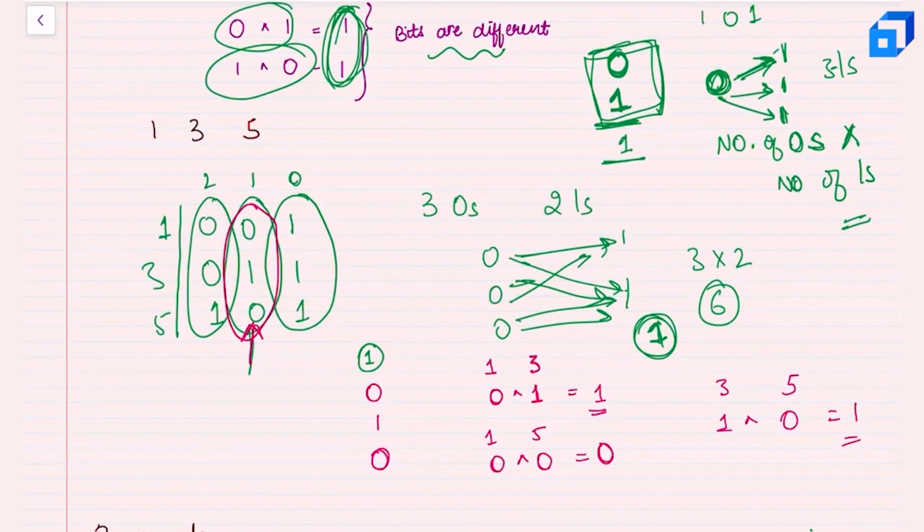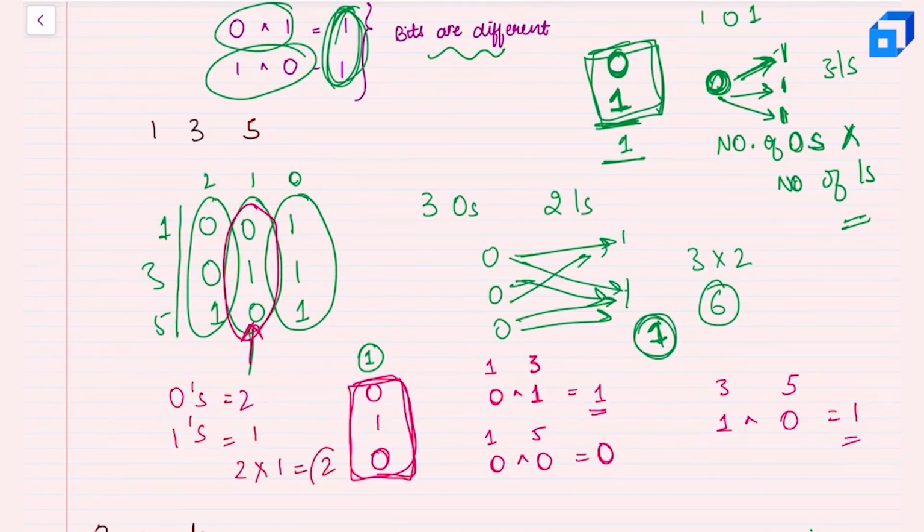Since I'm associating every 0 with every 1, I'll simply count the number of 1s and the number of zeros at every ith position. Here my number of zeros is 2 and my number of 1s is 1. So I'll simply do 2 into 1, which gives me 2. Now I also have to multiply it by 2, because I'm considering not just 1 and 3, but 3 and 1 also, right?